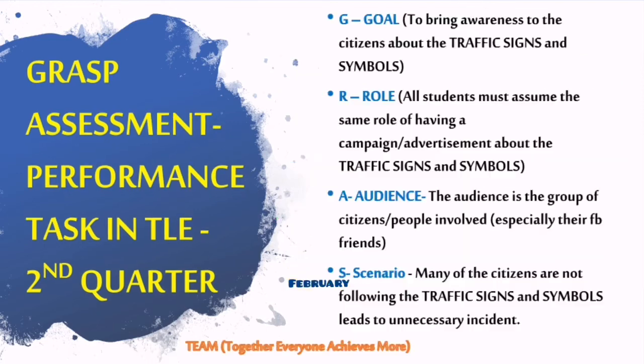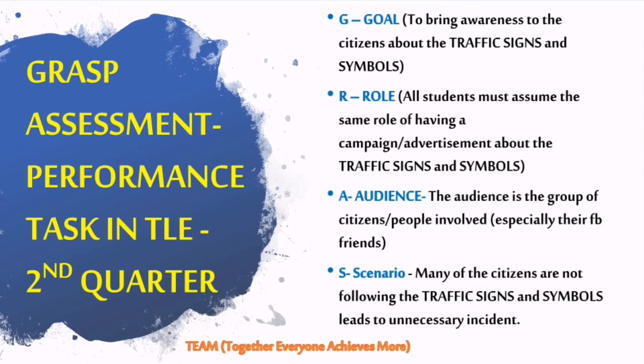Okay, so let's now proceed. These are the GRASP: the goal, role, audience, scenario, and the product. For our goal, to bring awareness to the citizens about the traffic signs and symbols. Role, all students must assume the same role of having a campaign or advertisement about the traffic signs and symbols.